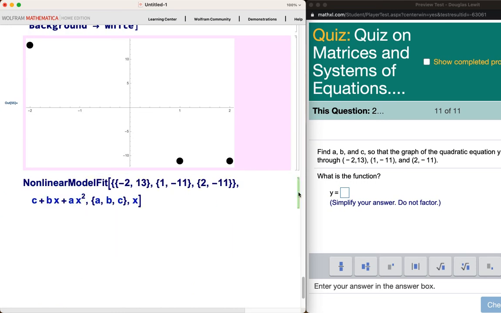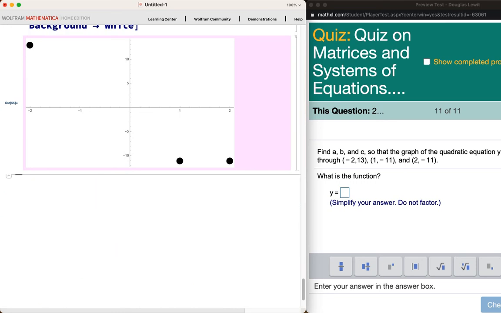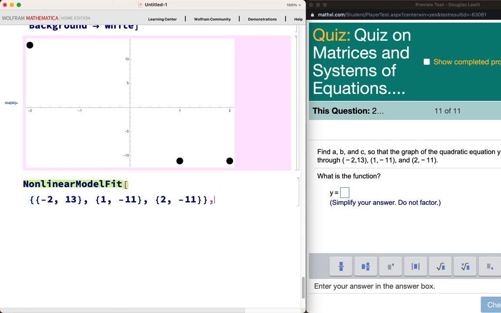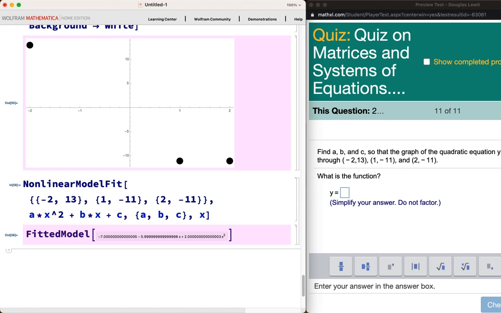This problem is giving me a headache, but we'll figure it out. So nonlinear model fit, negative 2, 13, 1, negative 11, 2, negative 11. It has this form, A times x squared plus B times x plus C. A and B and C are my parameters. X is my variable.